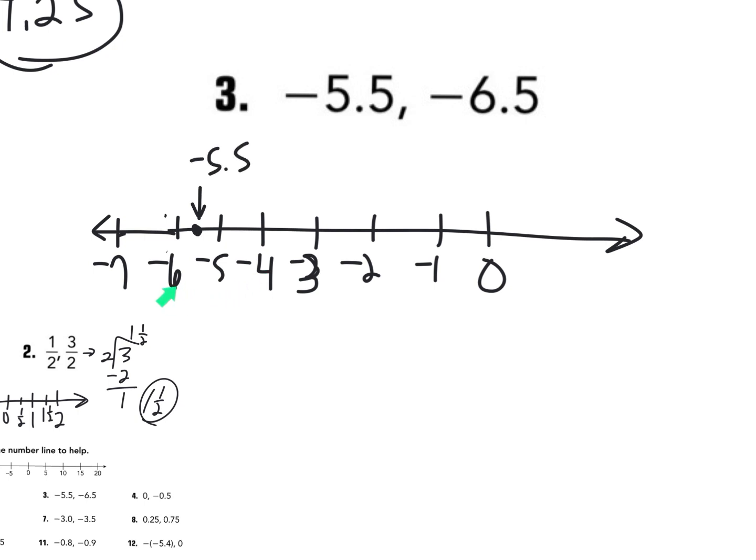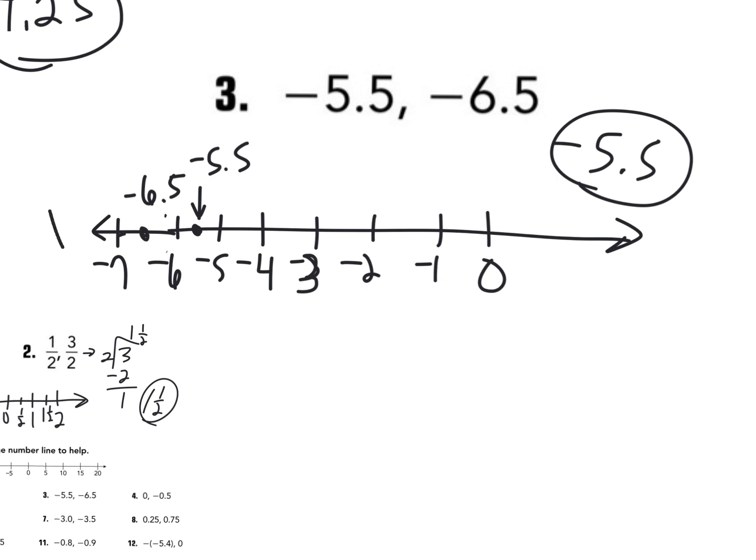Negative 6.5, we're even lower than negative 6. That's going to be halfway between negative 6 and negative 7. So in this case, these are both negative numbers, and the greater number would be negative 5.5. It's not as negative. And also, like we talked about, the numbers further to the left are less. The numbers further to the right are more or greater.